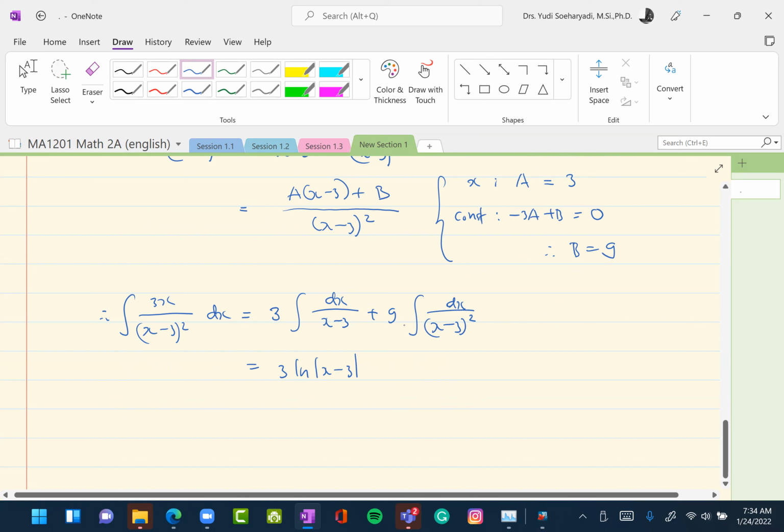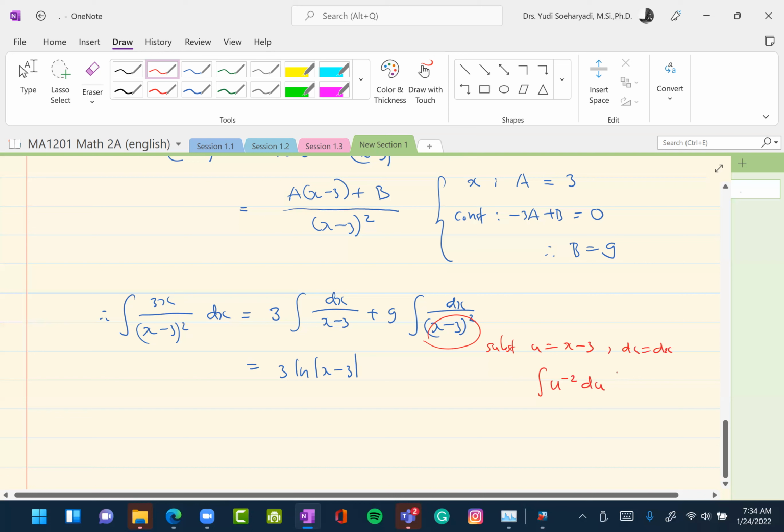But in this case, it's a substitution. u equals x minus 3, so that's easy, and du equals dx. So you should get 9 times the integral of u to the negative 2 du.